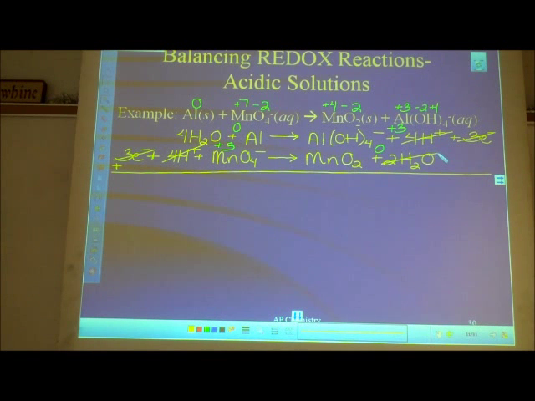I can get rid of both of those. 4 minus 2 is 2. Okay. Anything else? Nope. So now we'll write out anything that is left.